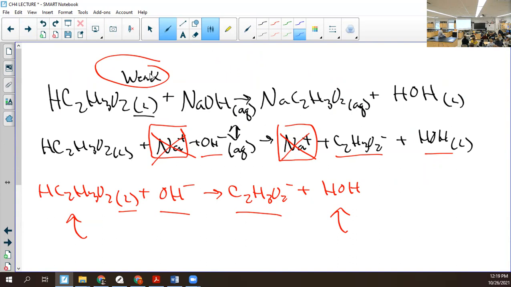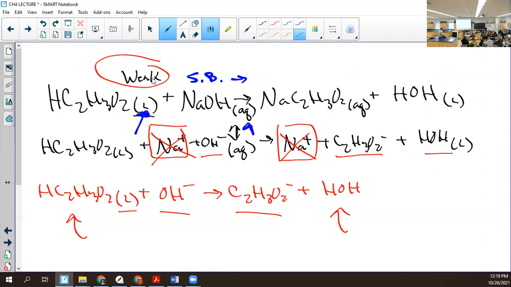If I take a weak acid, there's something different right here. Anyone willing to tell me what is different right here than normal? It's a liquid. That means it's not aqueous, or it means it's not dissociated. So, all right. NaOH, though, is a strong base. So here's my reaction. In this reaction, sodium acetate is formed and water.